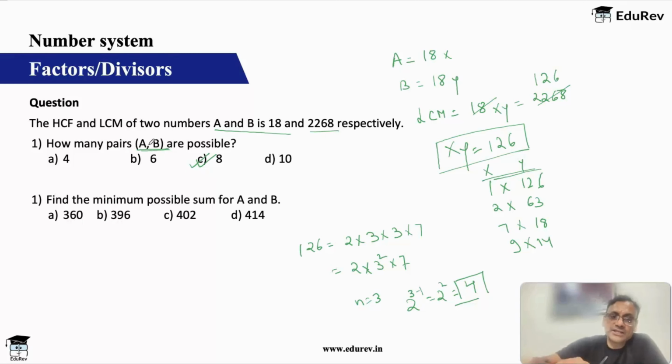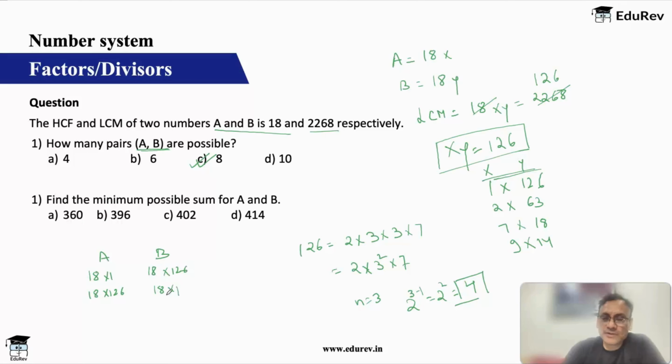Okay, so it's an ordered pair, and when it's an ordered pair, what I mean by that is A, B, first A can be 18 into 1, B will be 18 into 126, also A can be 18 into 126 and B can be 18 into 1.